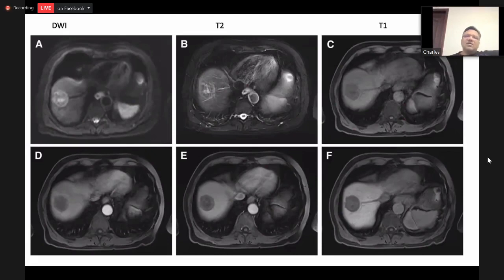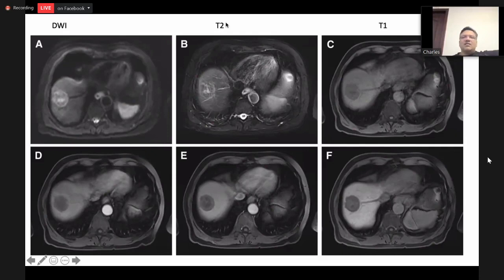In patients with metastasis or hepatocellular carcinoma, you're likely to see a diffusion restriction in the diffusion weighted images. Here in this MR diffusion weighted image, you can see the hyperintense lesion, so there's a diffusion restriction, and that shows that it's likely to be a malignant lesion.